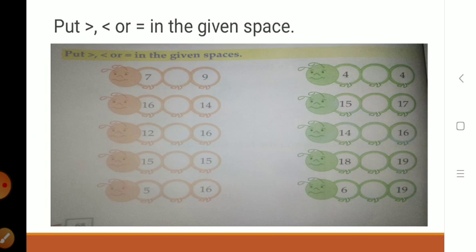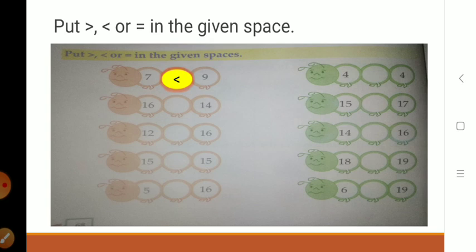The close side is put on the smaller number and the open side on the greater number.